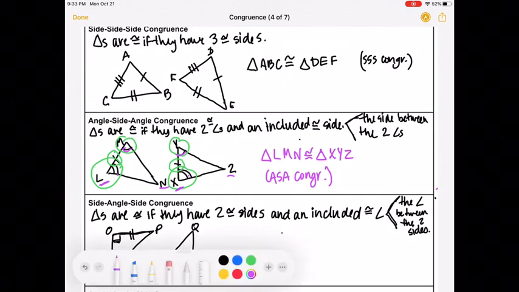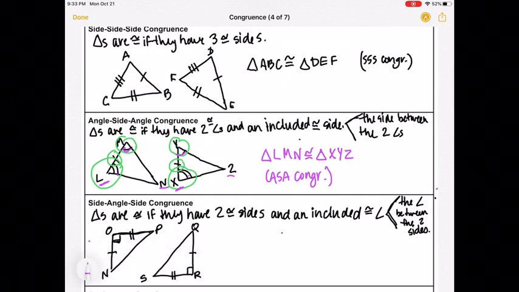So now I can go in and write my congruence statement because I have enough. I have a side, an angle, and a side that match up, side, angle, side. So I would say triangle NOP is congruent to triangle, and we have to remember to match up each one.